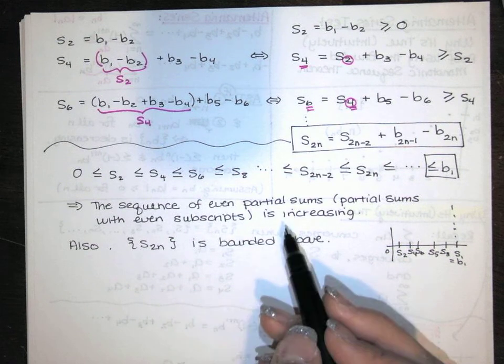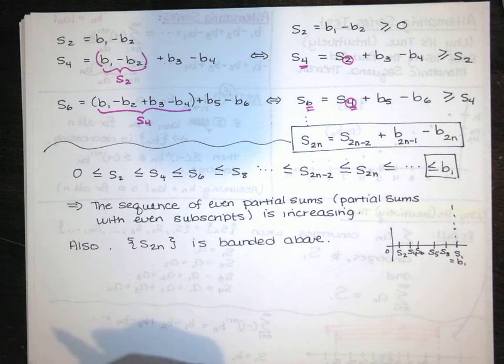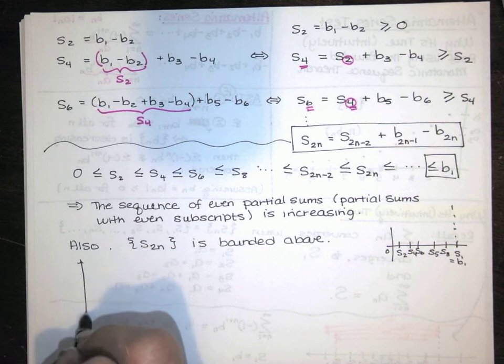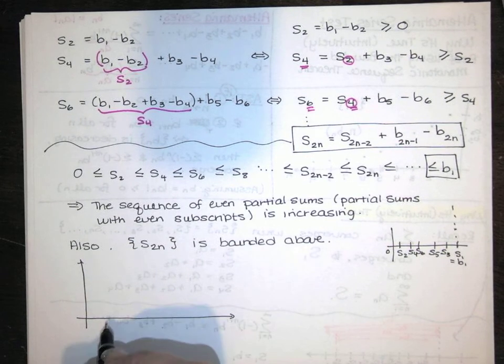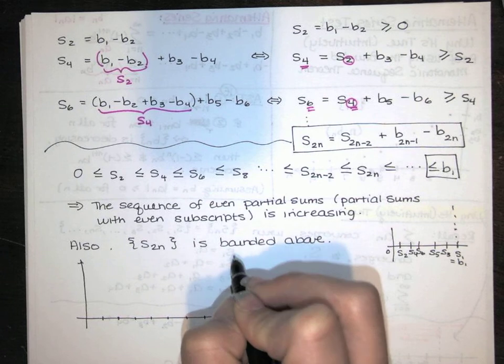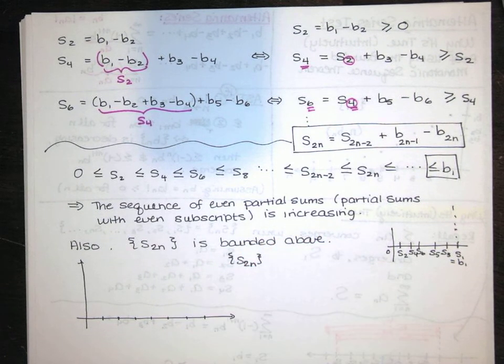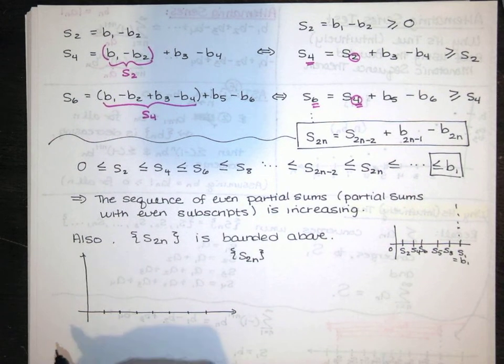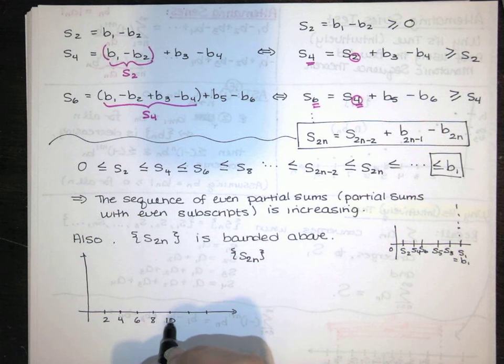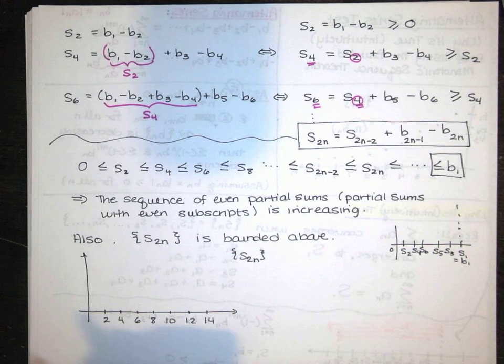So we've got a sequence of partial sums. It's increasing. We don't know what the values are in general. But now I'm graphing the sequence of partial sums with even subscripts. I'm just going to use 2, 4, 6, 8, 10, 12, 14, and so on.